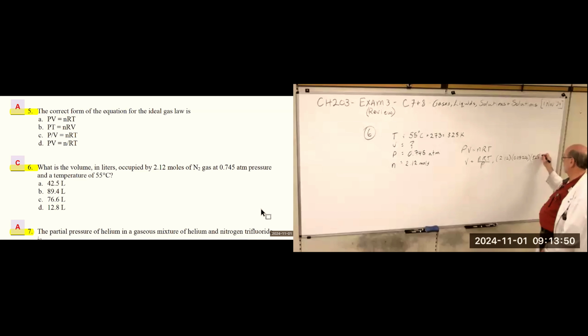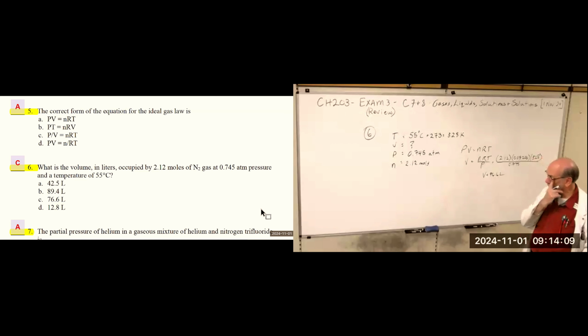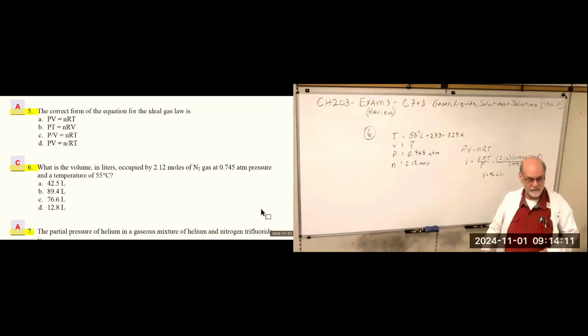Temperature and pressure, 0.745. So if we do our math correctly, we should end up with 76.6 liters. Okay.